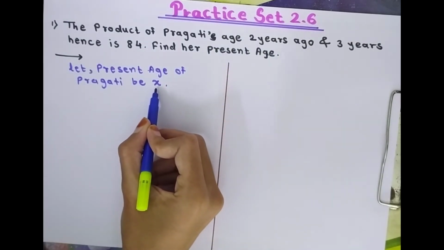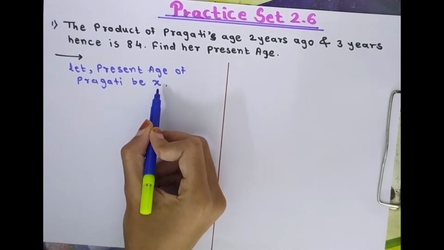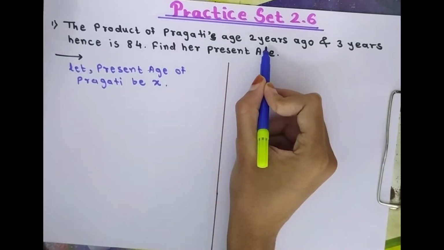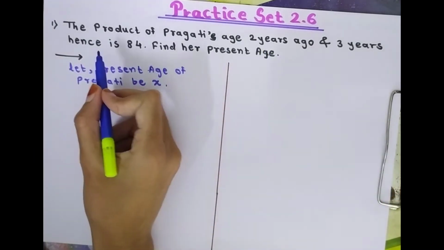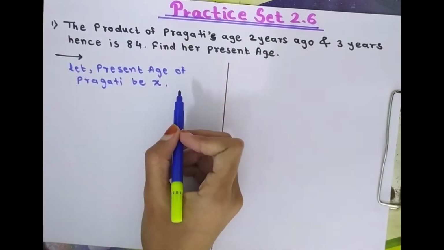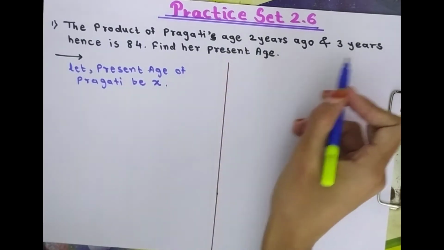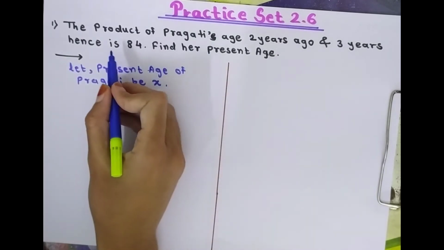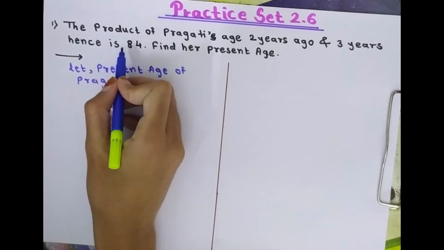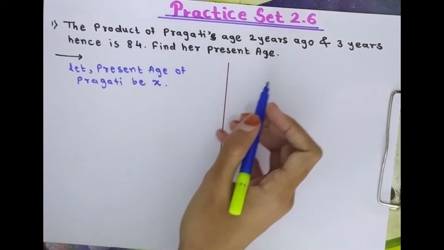Now her age is x. So 2 years before, what age is it? x minus 2. And 3 years hence means x plus 3, from now 3 years. And its product is 84. Then find her present age.